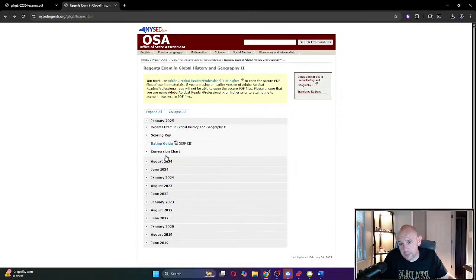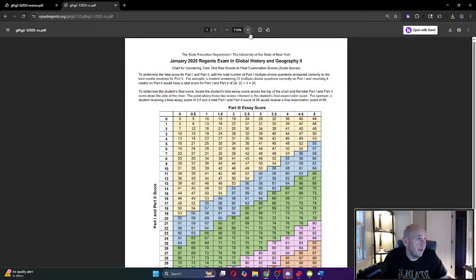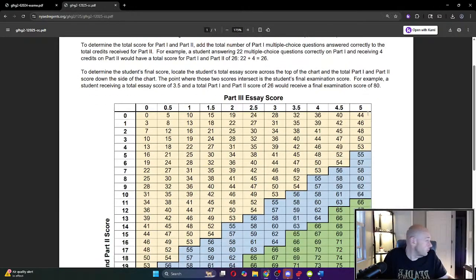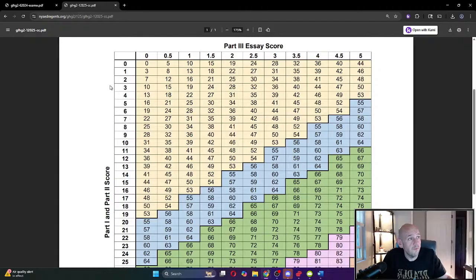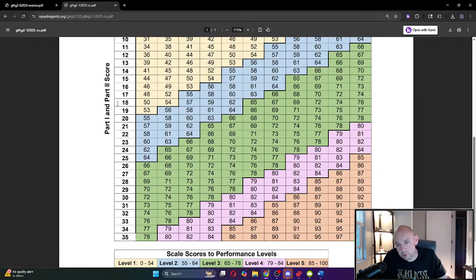When you go and look at the actual chart, here's the chart. I'm assuming everybody has seen this by now, and if you haven't, well, then welcome to me being the first. This left-hand column is the total of your multiple choice and CRQ grade, right? So 28 stops here. That's if you got 28 points, let's just say you got all the multiple choice right, it stops there. The rest are all document points. Look at the difference.